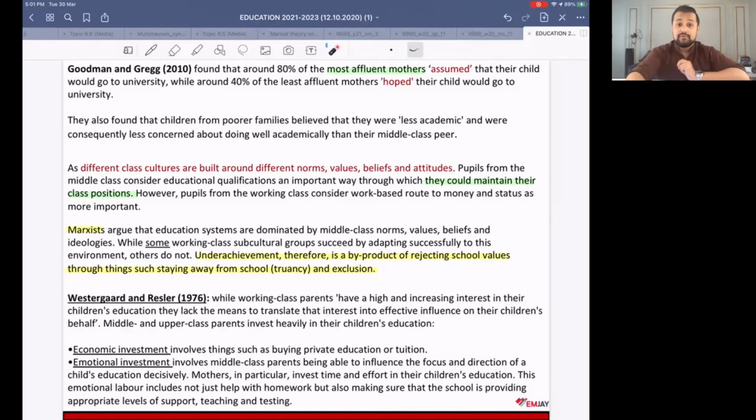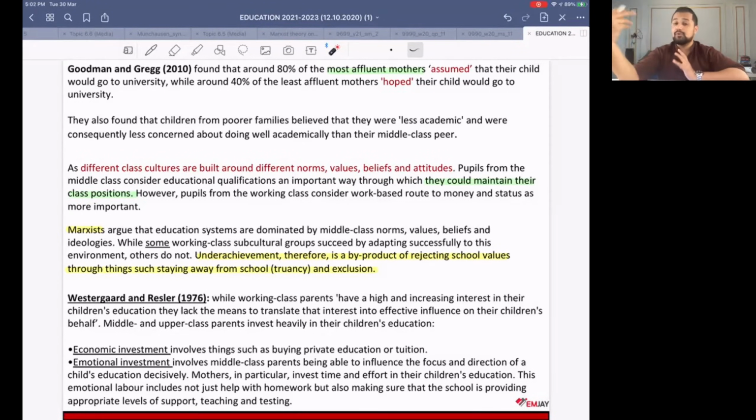Now, if we have a look at this one, in contrast to what we had discussed earlier, let me remind you where we had spoken about how Douglas claimed that middle class parents show more interest in their child's education as compared to working class parents, right? Now we are criticizing that.